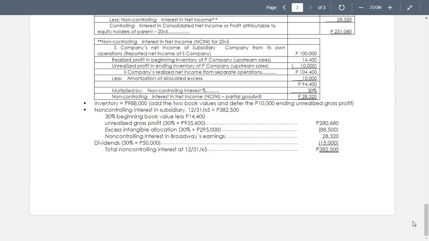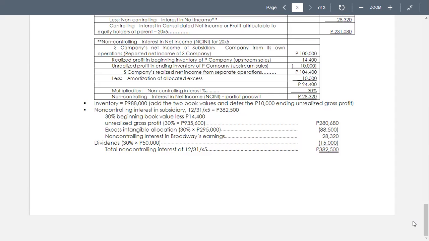Use the following information for questions 1 to 8 on upstream sales. Following are several figures reported for PT and SS as of December 31, 20X5. So we have now the inventory of 400,000 and 200,000.